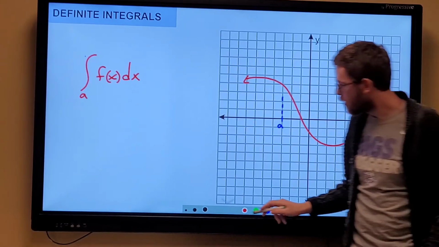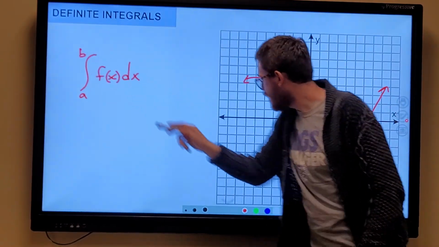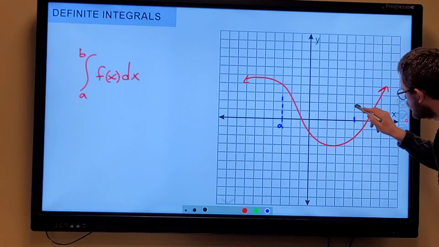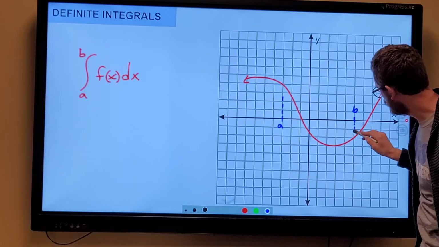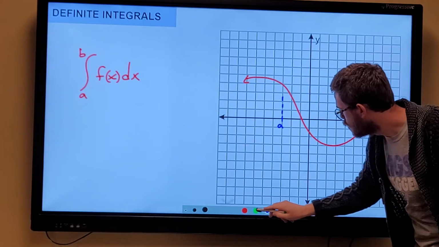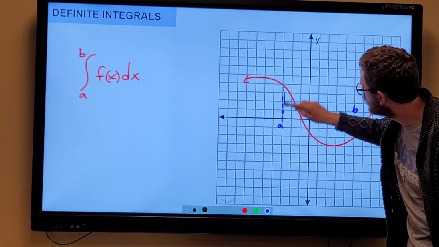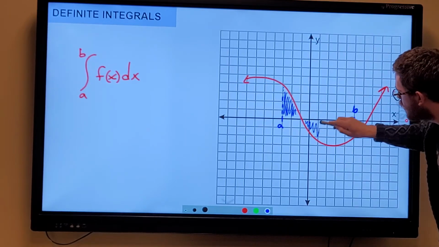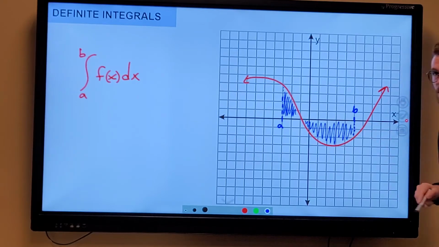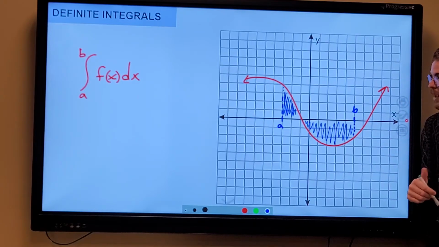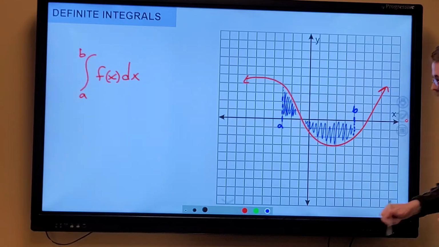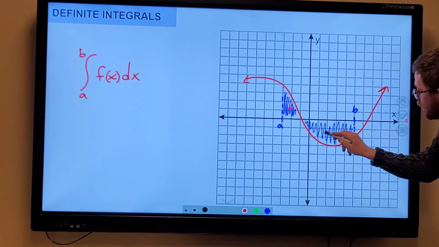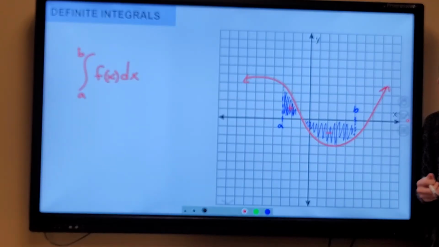If we're talking about our definite integral from A to B, and let's say that B is right here, we are going to have some area above that x-axis, and we're going to have some area below that x-axis. The area above the x-axis is going to be considered positive. That area below the x-axis is going to be considered negative.